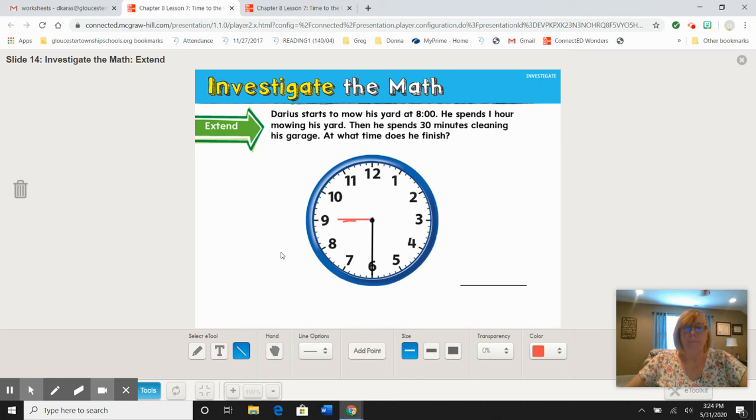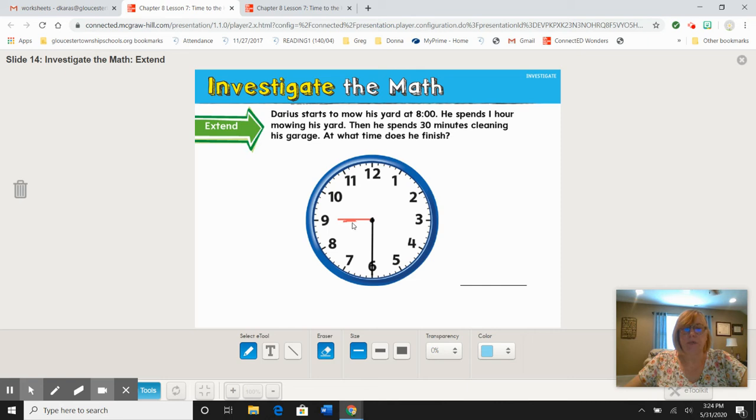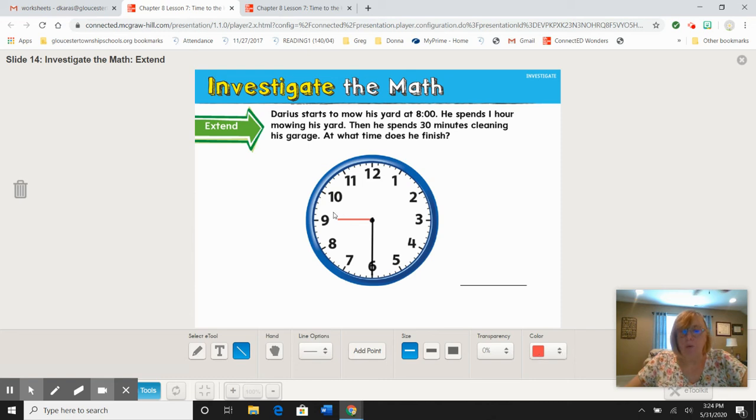But let's erase this. We're going to go back to here. I would probably say it would be more like this. That's kind of where it might be for 9:30.